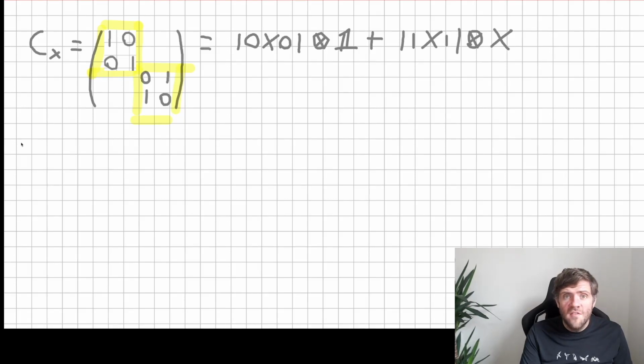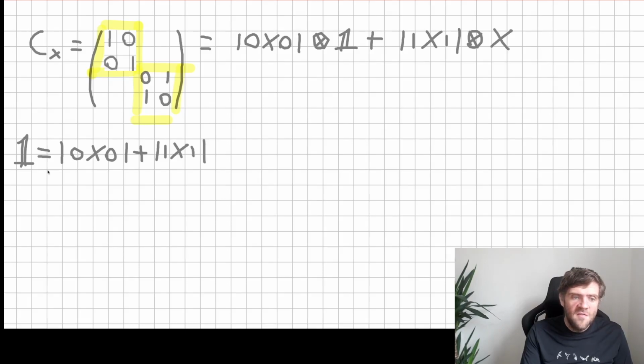Now we can use the expansions of these gates into their Dirac notation form as outer products. So the identity can be expressed as the outer product of 0 with itself, plus the outer product of 1 with itself. But we can equally express it as the outer product of plus with itself, plus the outer product of minus with itself.